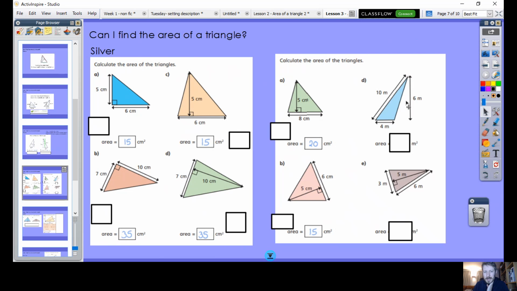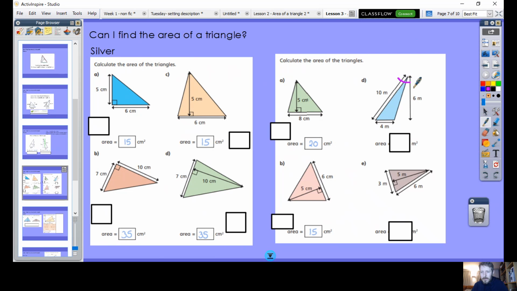And then this one, it's trying to now make us think a little bit more. It's giving us 3 lengths, and we need to make sure we're really clear on which length is the base and which length is the perpendicular height. And hopefully you were able to realize that for this to be the perpendicular height, this cannot be the base, because this line is not coming from this line at a right angle.